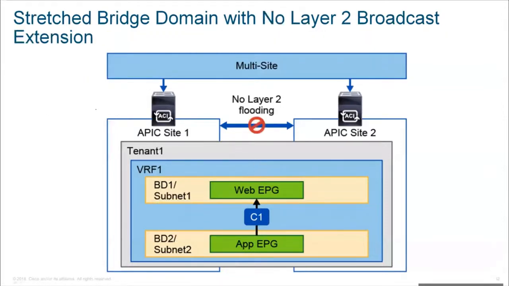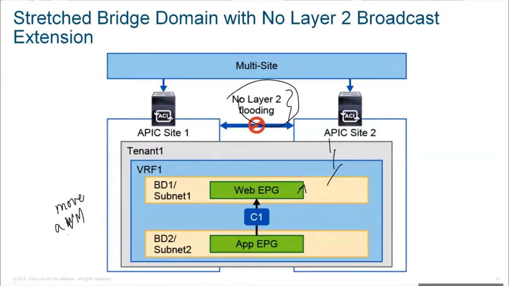Okay, that's one use case. The second use case is, of course, I do not enable flooding, even though it looks identical. It's the same tenant, the same VRF, the same bridge domain, the same subnet, and the same EPG. Identical as the last one, but you can, yes, move a VM.